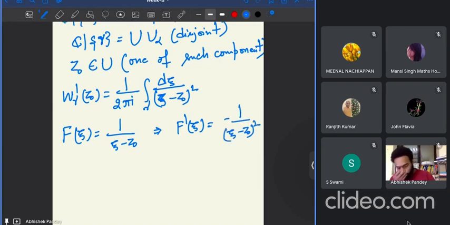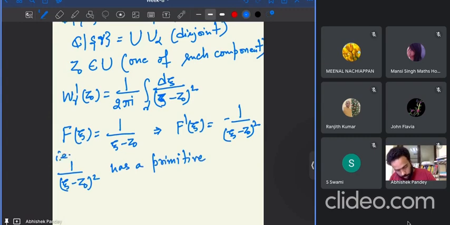So 1 upon (xi minus z naught) square has a primitive in C minus z naught. So what would be the integral over the curve?